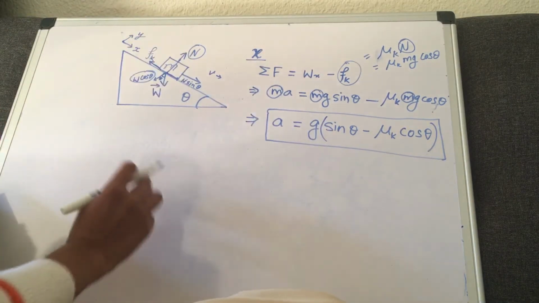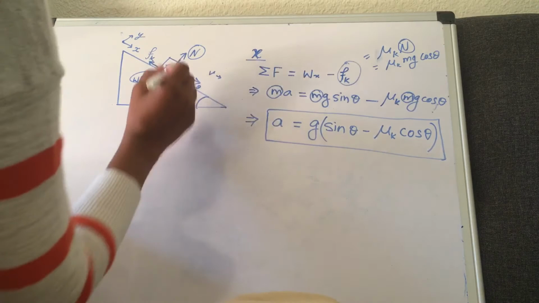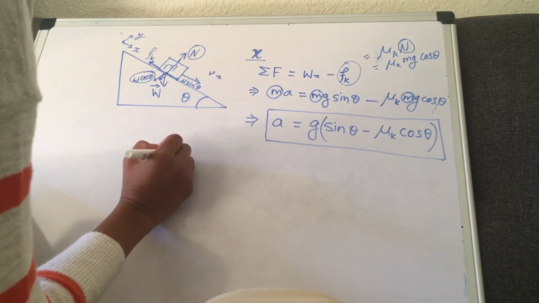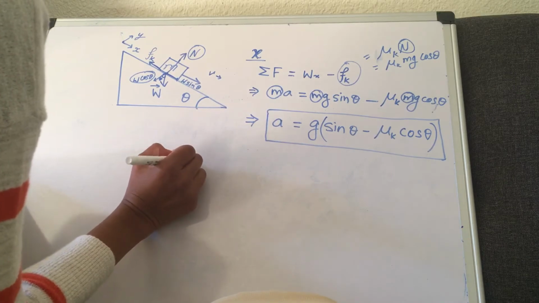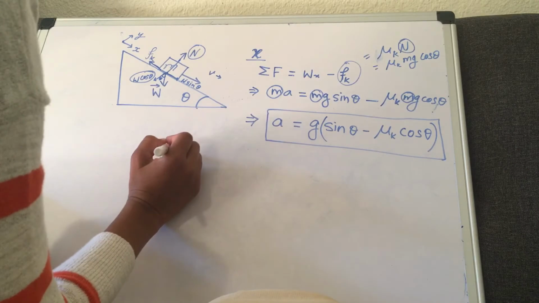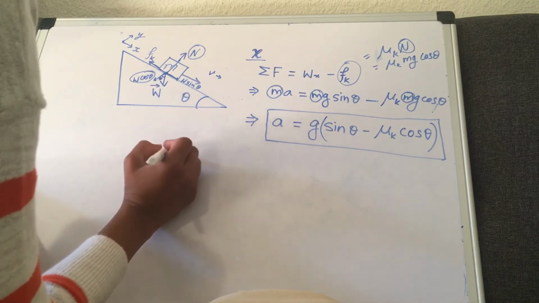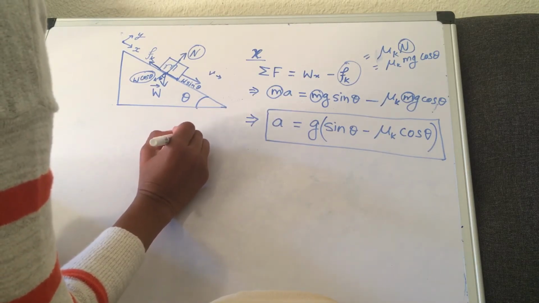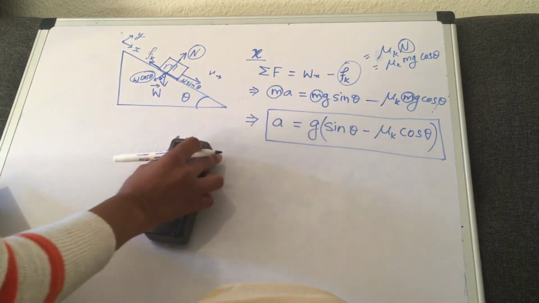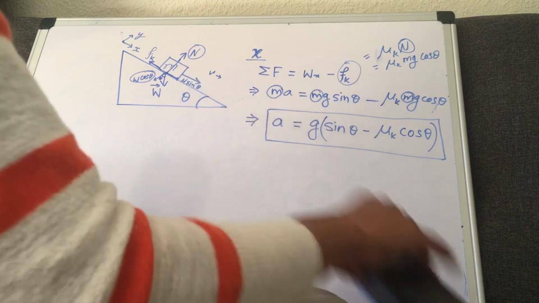Now if you want to make a free body diagram here, we could just do this, right? Let's say the object is going this way, so that's the acceleration going that way, and the net force would be, and then there is also the normal force. Let me make it before the resolution.